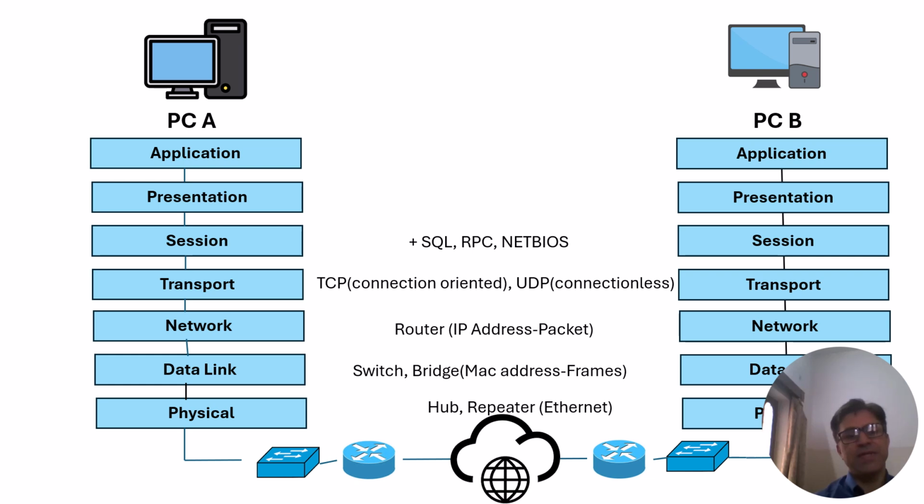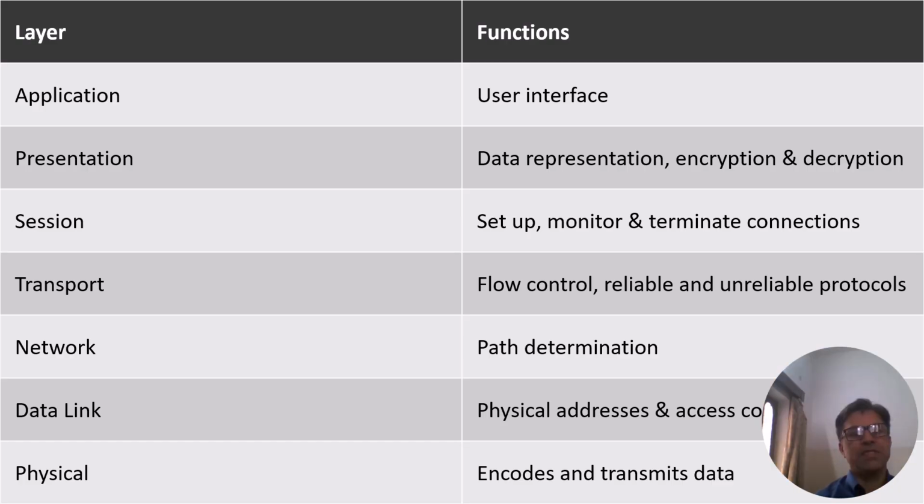This is the session layer, which maintains the session connection between the two. SQL, RPC. Then the presentation layer, which handles video, audio or bitmap. The application layer is closest to the user interface. HTTP, FTP, TFTP, Telnet, SNMP. This is application. The user interface is there. Presentation: data presentation, encryption, decryption. Session: setup, monitor and terminate the connection.